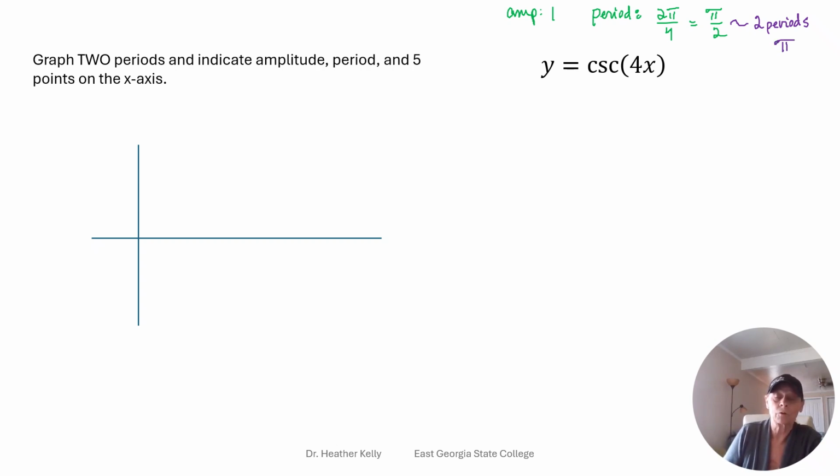Cosecant is 1 over sine. And where is sine 0? Sine is 0 at all the multiples of pi. So our vertical asymptotes here are going to be x equals 0, x equals pi, and x equals 2 pi.